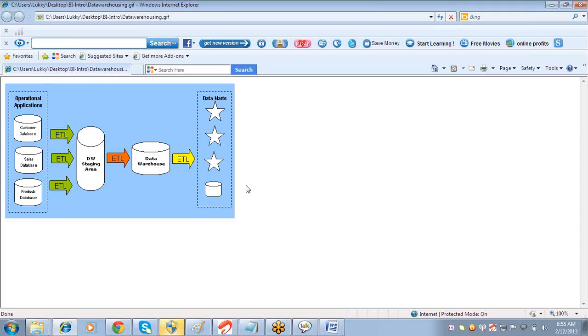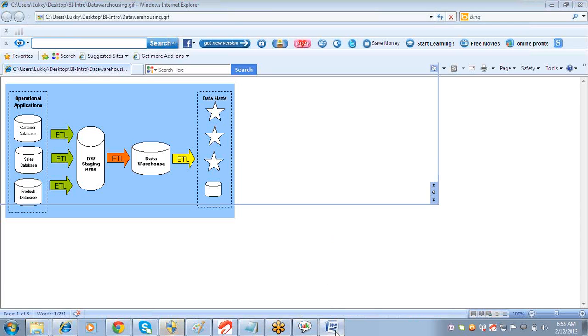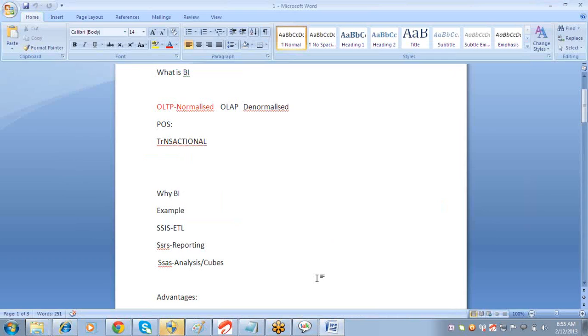That's about data warehousing and SSIS. This is what is data warehousing: data warehousing is just using SSIS to consolidate and move it into a centralized repository. So that's about SSIS.